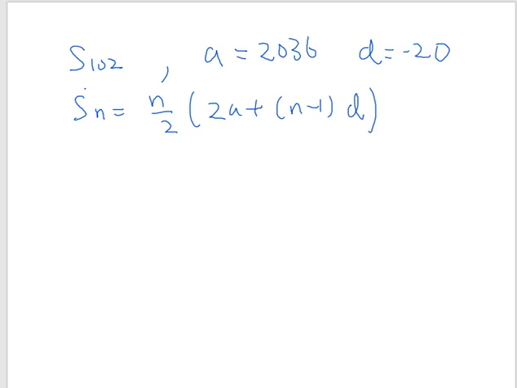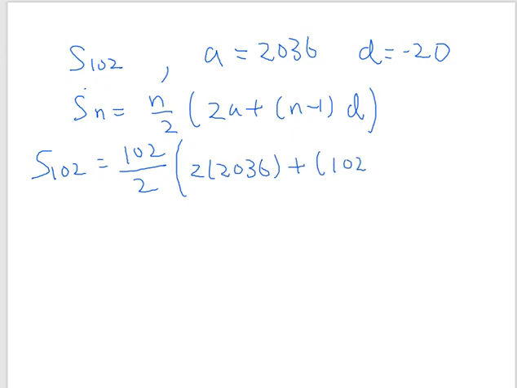So then you can just substitute it inside. So n is 102. So it's 102 over 2 times (2 times 2036 plus (102 minus 1) times d), where d is minus 20.